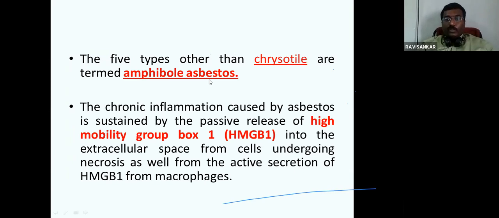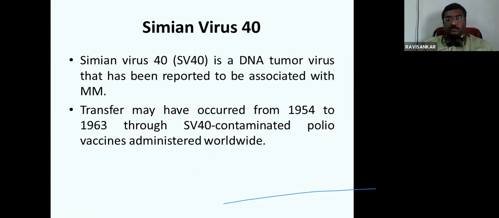Usually with asbestos, they go into lungs, they cause chronic inflammation, they cause a release of the high mobility group box one marker that causes engulfing of the asbestos, leading to the chronic pathology. There are also other three risk factors that have been implicated with the development of mesothelioma. One is simian virus 40.